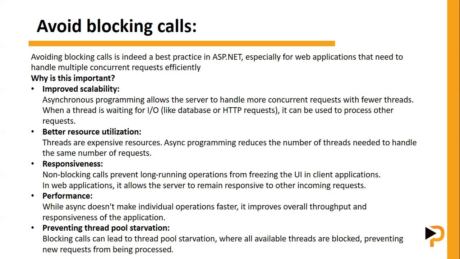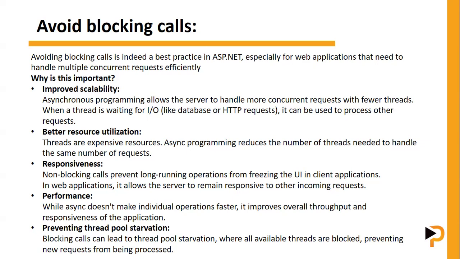Asynchronous programming allows the server to handle more concurrent requests with fewer threads. So when a thread is waiting for IO, or any kind of API or HTTP request or a database, it can be used to process other requests.